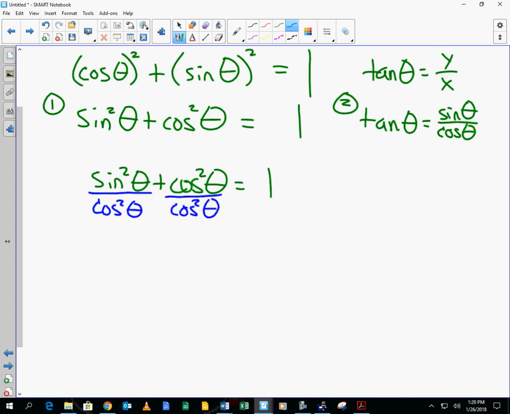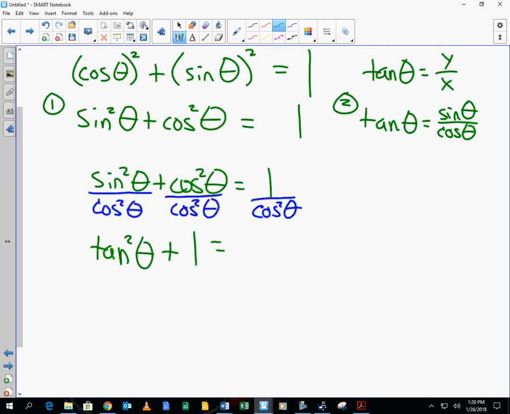Is it okay to divide through by an expression? Is it okay to divide both sides of an equation? Yeah, right? We maintain balance. So what is sine squared divided by cosine squared, do you think? Tangent squared. What's cosine squared divided by cosine squared?